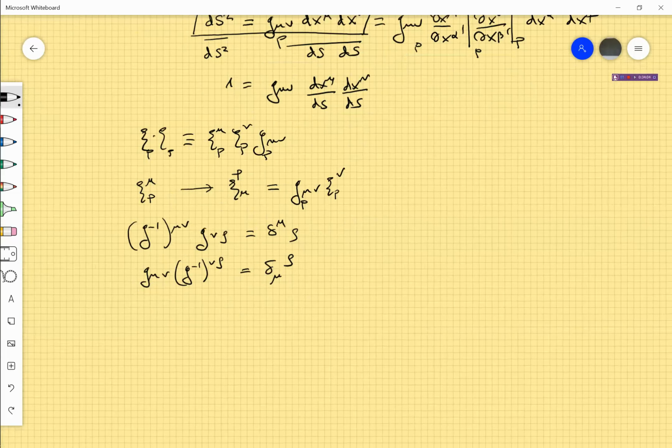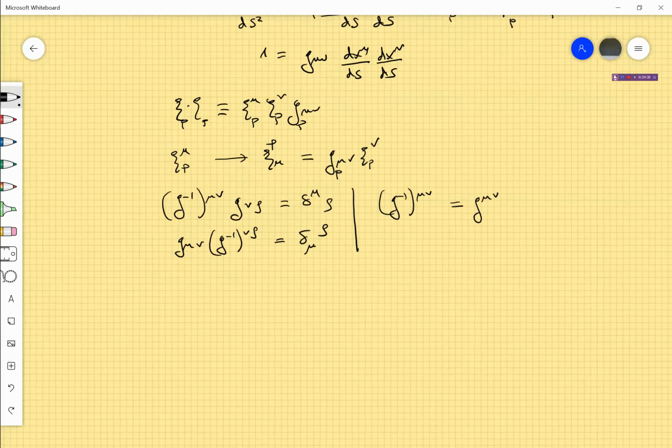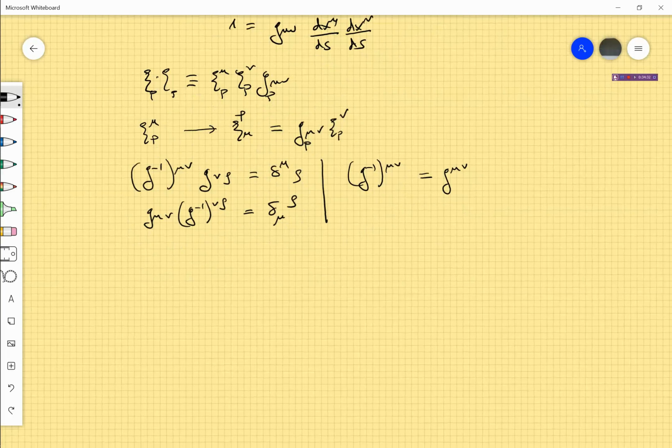By convention, and because, as I said, theoretical physicists are lazy people, we suppress this -1 in parentheses, so g^-1 mu nu, the components of the inverse metric, are represented by just g^mu nu. When you see g with indices up, it refers to the inverse metric, which we assume always exists.